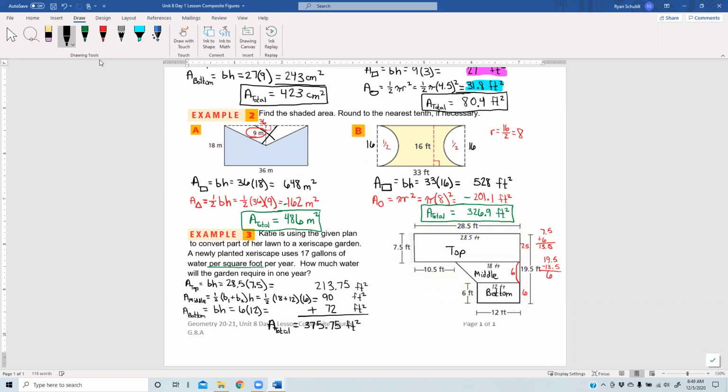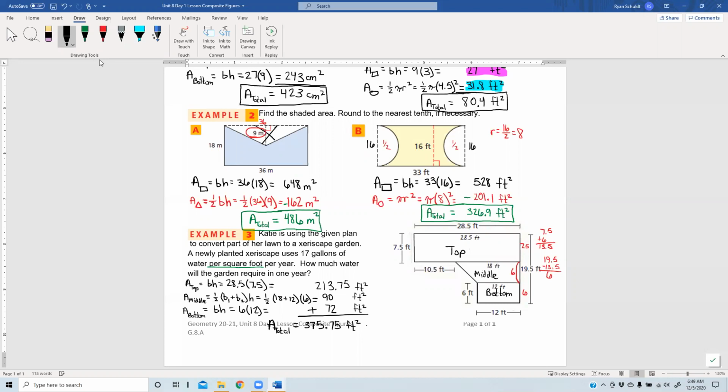But does it ask us for area? No. It tells us that the garden uses 17 gallons per square foot. How much water does it use? We found how many square feet.